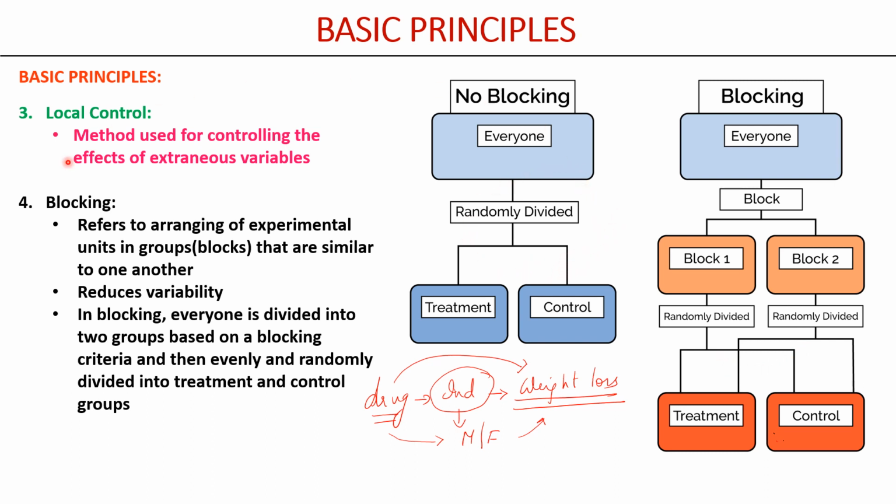And this blocking plays a vital role in controlling the effect of the extraneous variables. So therefore, there are three main principles: randomization, replication, local control, and under local control, blocking is our technique which will control these extraneous variables to a greater extent.